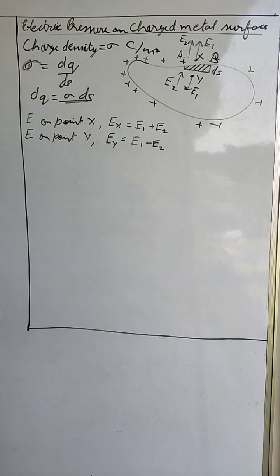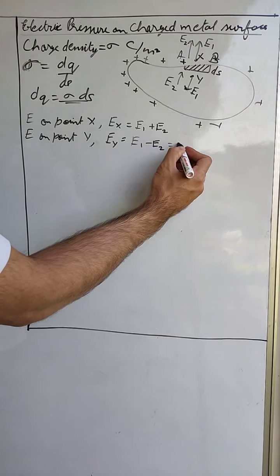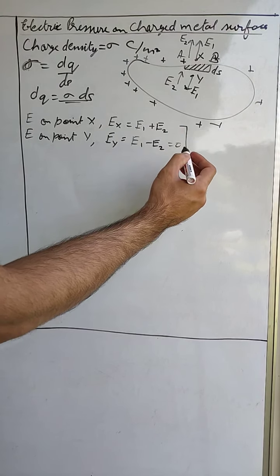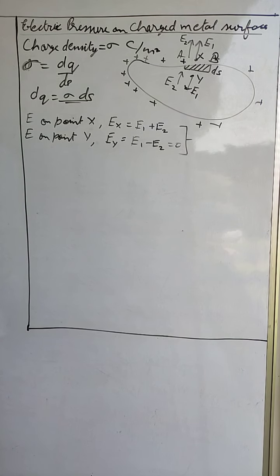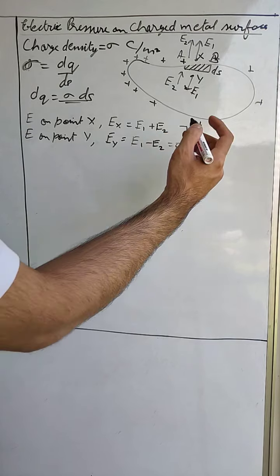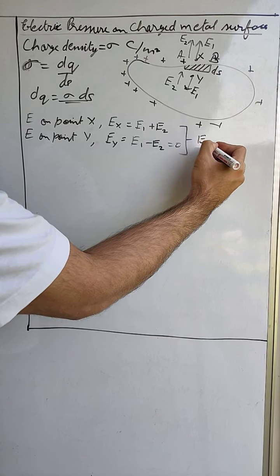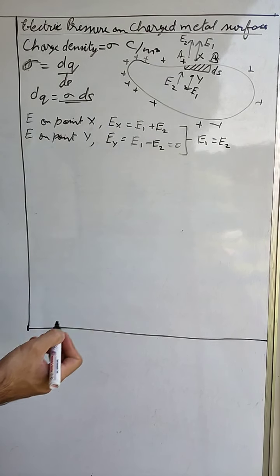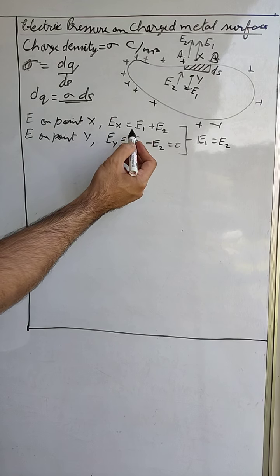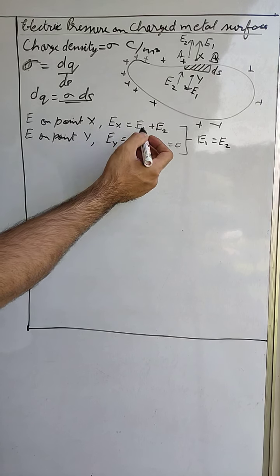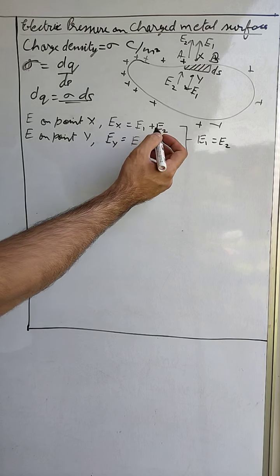We know that inside a metal surface the electric field is always 0, so EY equals 0. Combining these two equations, we get a very important result, that E1 equals E2.